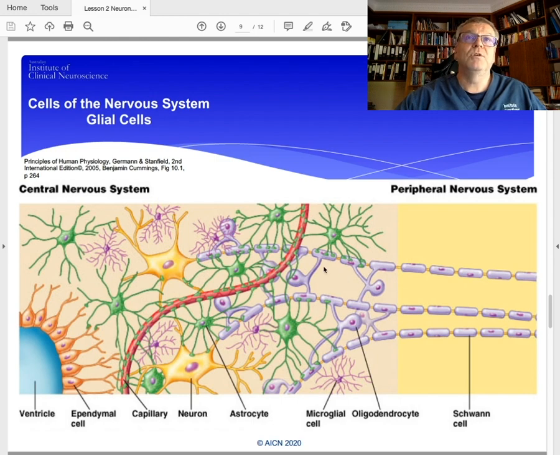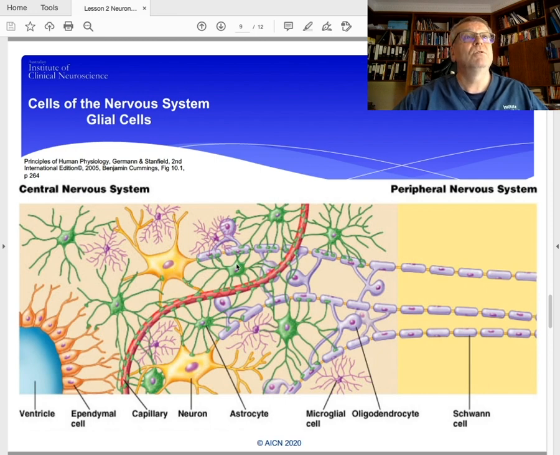Now, this is a very good slide because it's showing us the relationship between these big neurons and the astrocytes, one type of glial cell. The astrocytes are connecting the blood supply that's flowing through the brain to the neurons.